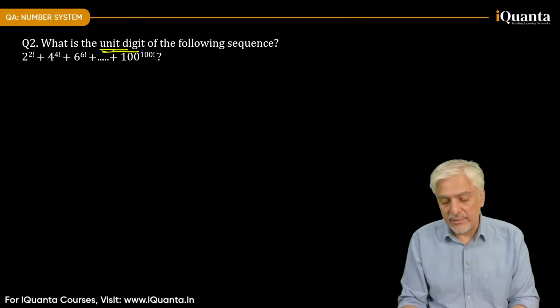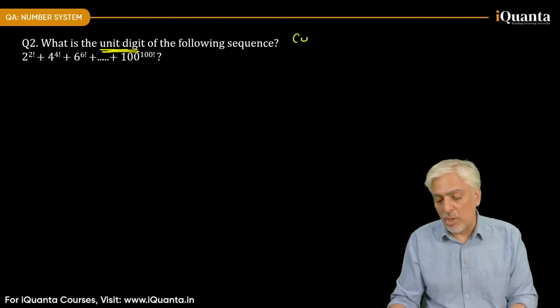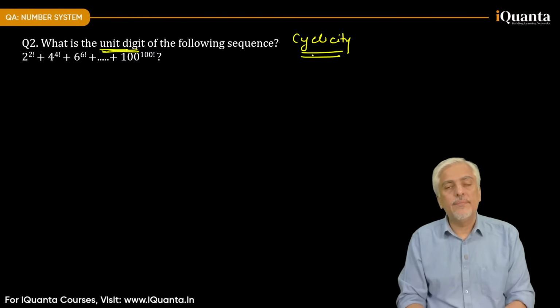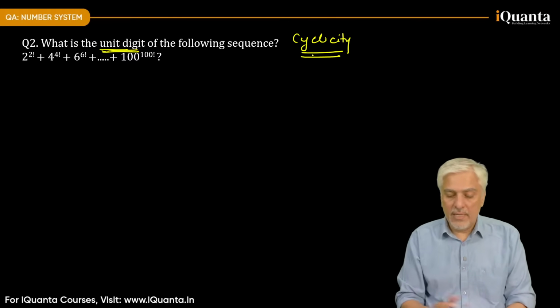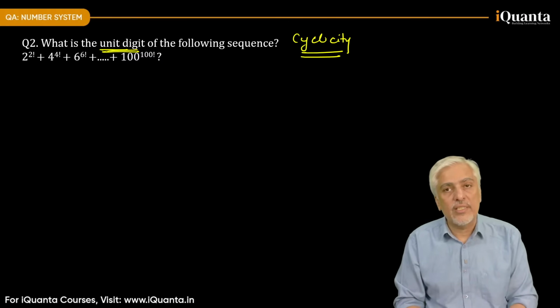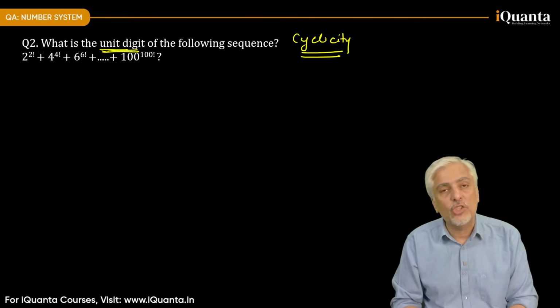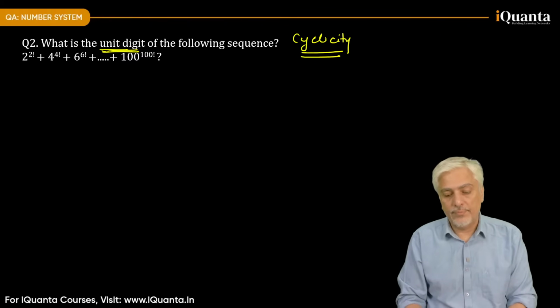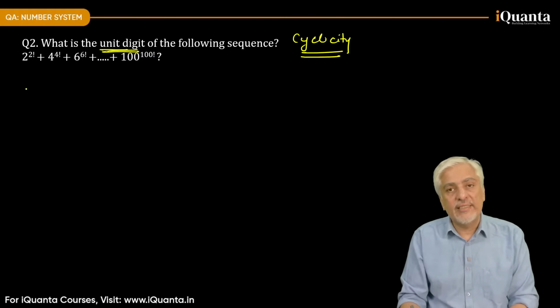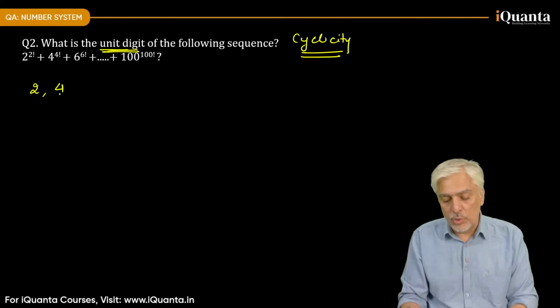Units digit, which means we will talk about cyclicity. By the time you all try the question, I will just make a list of the units digit rules. For 2, the cycle is what? 2 raised to 1 ends in 2, 2 raised to 2 ends in 4, 2 raised to 3 ends in 8, and 2 raised to 4 ends in 6.